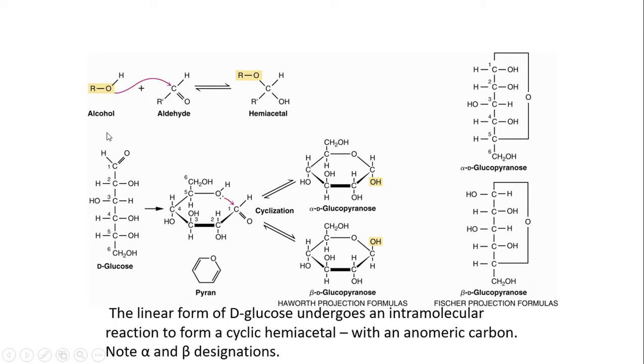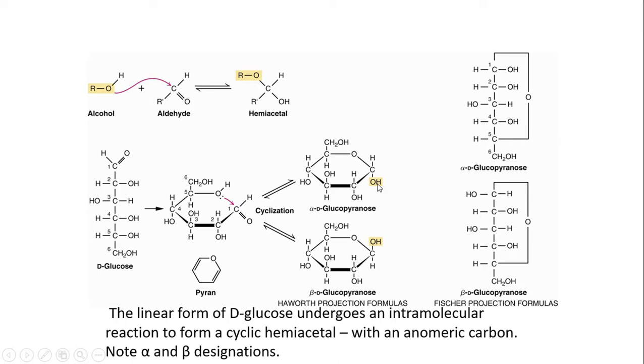This is a general representation of what happens during that cyclization. A hydroxyl group in the alkyl chain is going to react with the carbonyl, in this case of the aldehyde, and form that hemiacetal. You can see in this Fischer projection that it's the C5 hydroxyl group that reacts with the aldehyde head group.